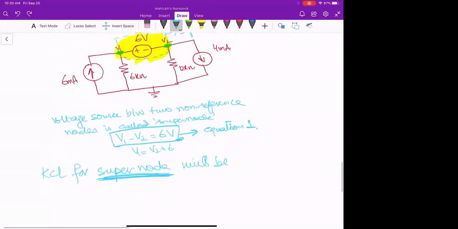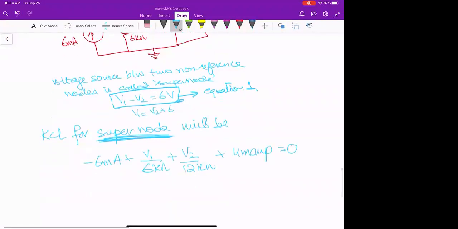So what this means, I will write it as, considering that this is one node, okay? So I am just writing this as a one-node equation for that. And I will just replace this.